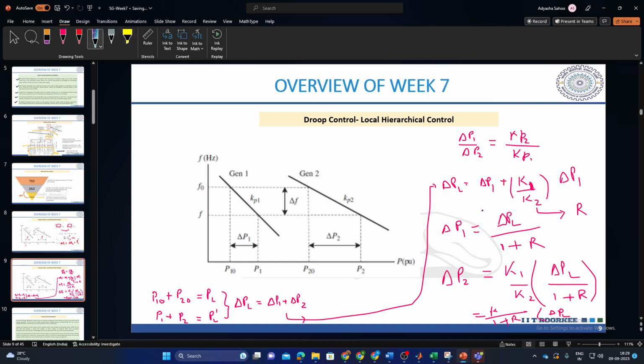So finally what we get is this one as delta P1 and this one as delta P2. If you know these group coefficients and how much change in load you want, you can calculate the load shared by each generator using this relation.